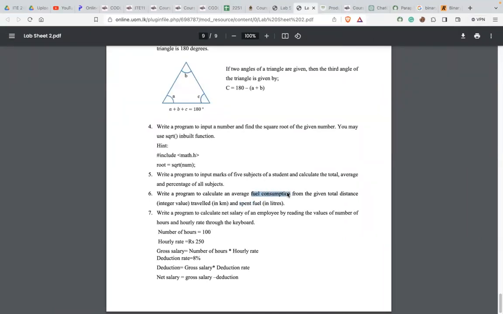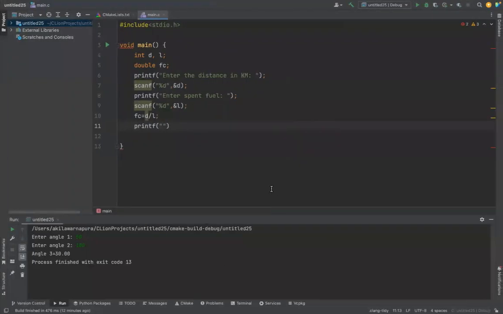Let's say fuel consumption percentage. So FC is a floating point value, therefore percentage LF, or you can use the percentage F and slash N. After that, you can use FC, fuel consumption.